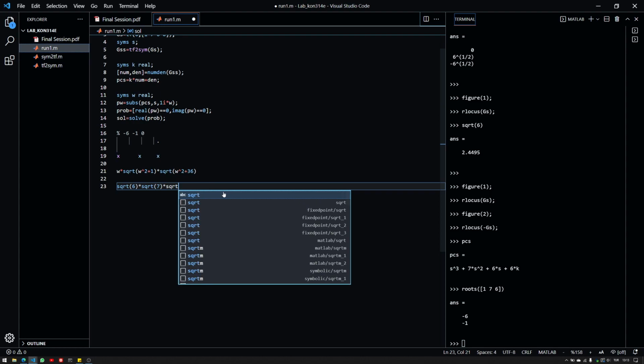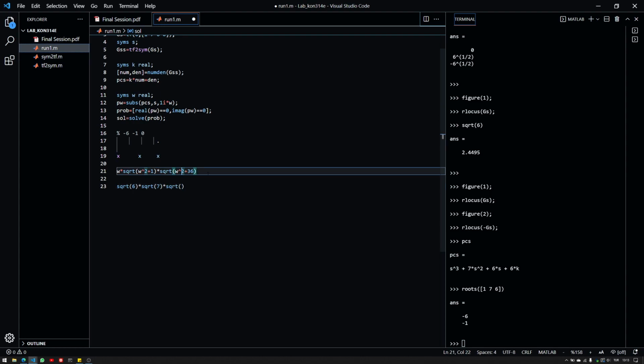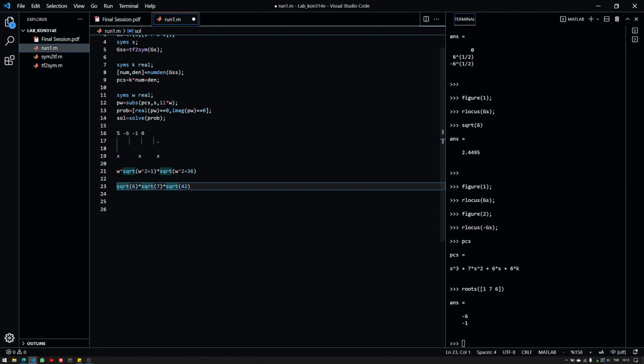And then square root of 42. Yeah, 42. Now, you can see that this will reduce down to square root of 6 times square root of 6, square root of 7 times square root of 7, which makes 42.